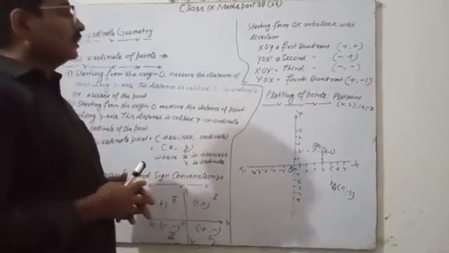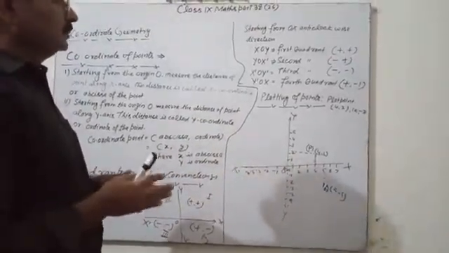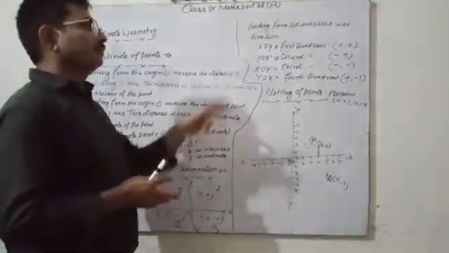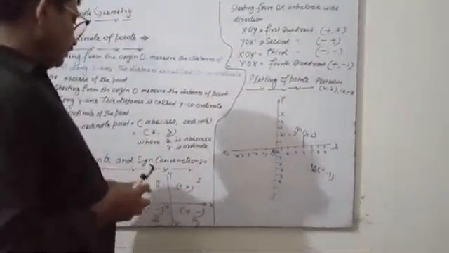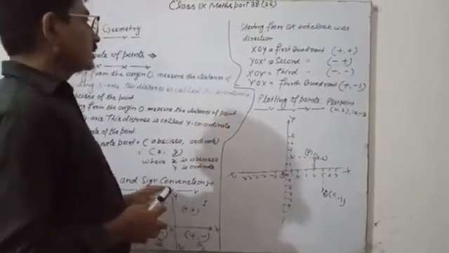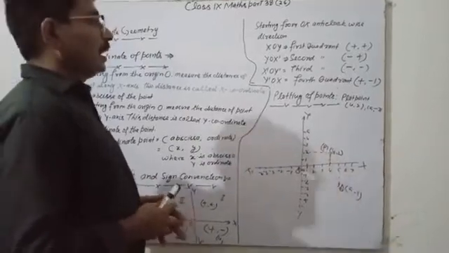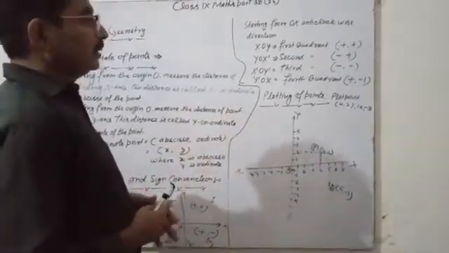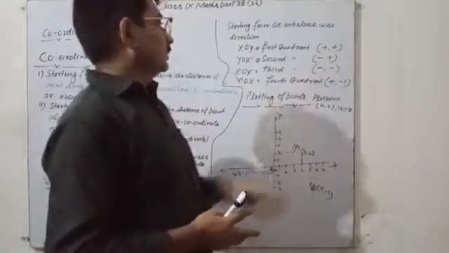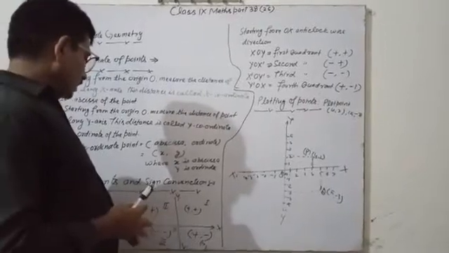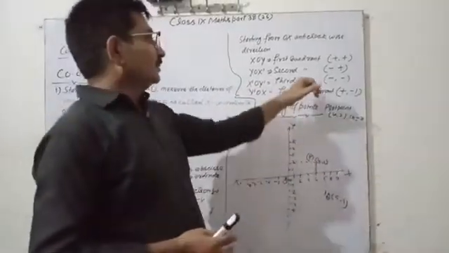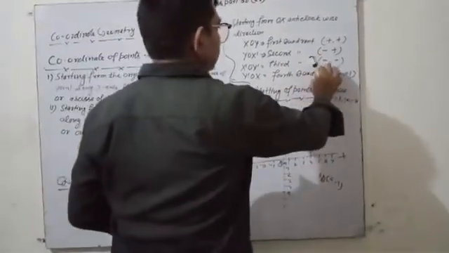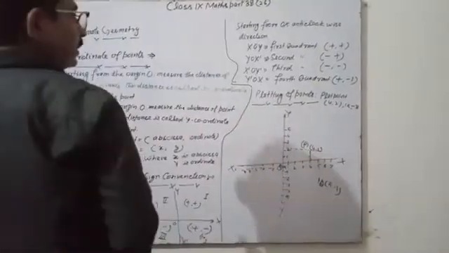All the elements of the ordered pair have positive sign, meaning abscissa and ordinate are both positive. Second, YOX dash is known as the second quadrant, with abscissa negative and ordinate positive. Third, X dash OY dash, the third quadrant, where both components, abscissa and ordinate, are negative.